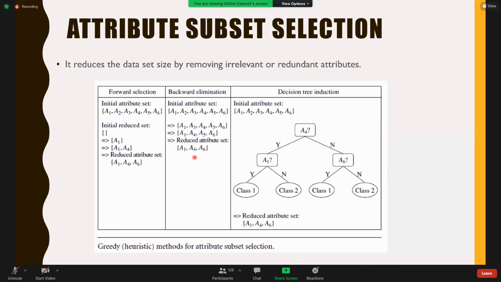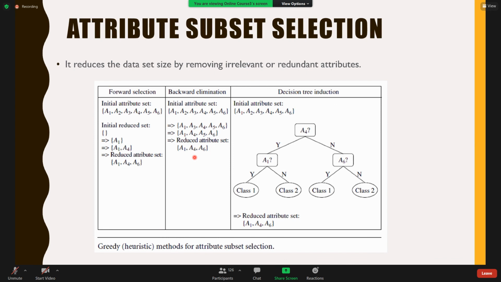In this approach, both steps are done in parallel. At every step, we select the best attribute and include it, and we eliminate the worst or irrelevant attribute. Both are done in a single step; at every step of the iterative process, these two are considered.